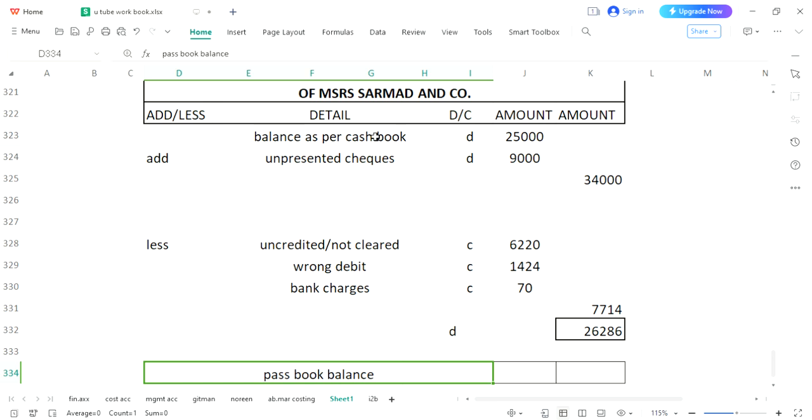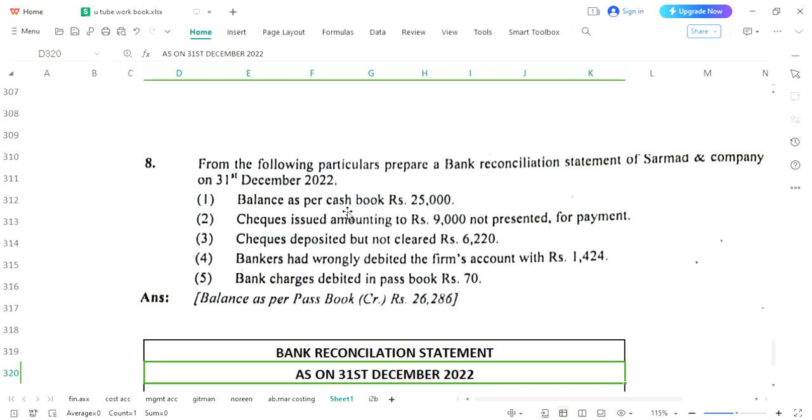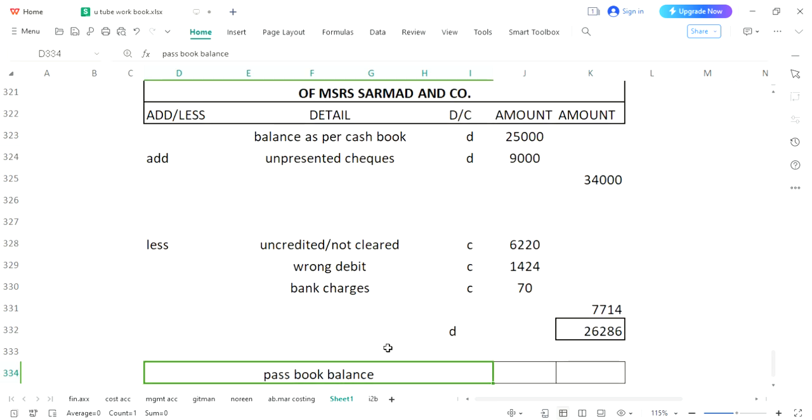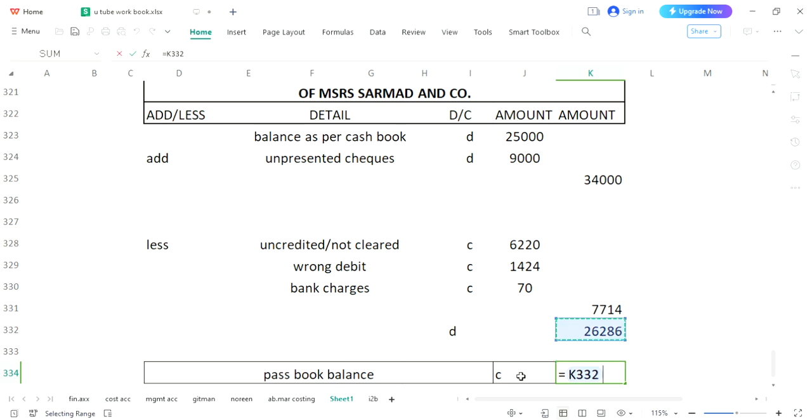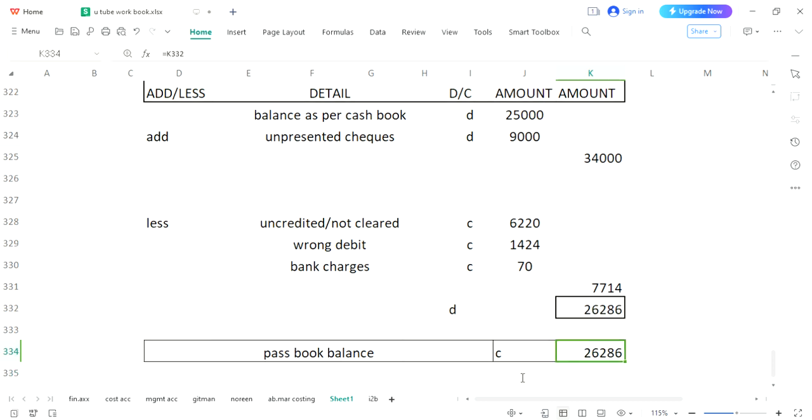Question was for cash book, but when you will write the answer, you will write the opposite book. And answer is debit over here. So what you will do, again you will oppose the sign as well, and same answer you will be writing over here. So in this way, this is procedure of writing your answer.